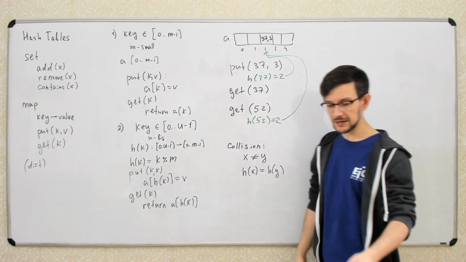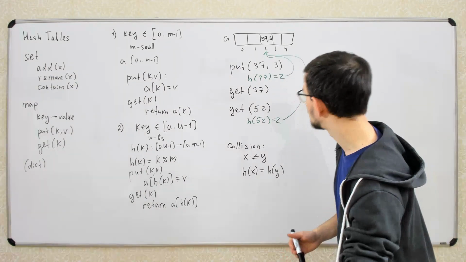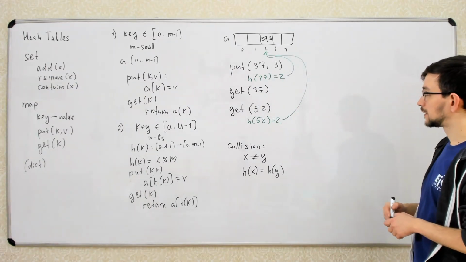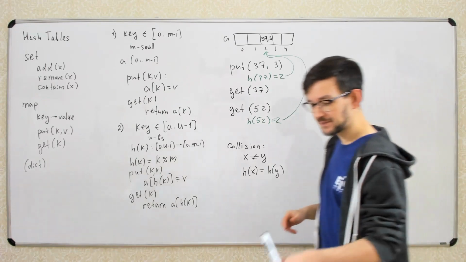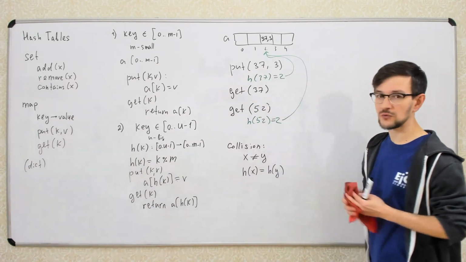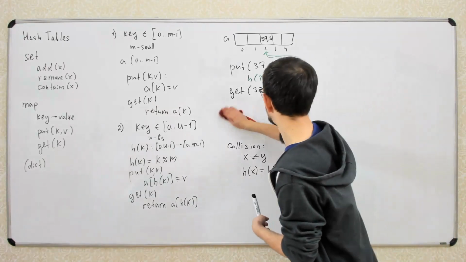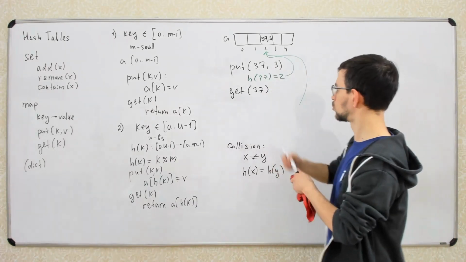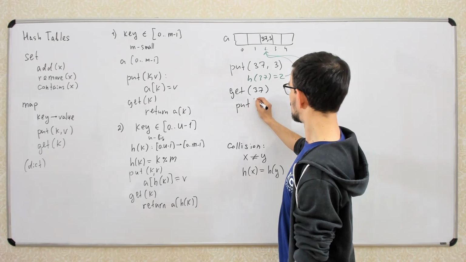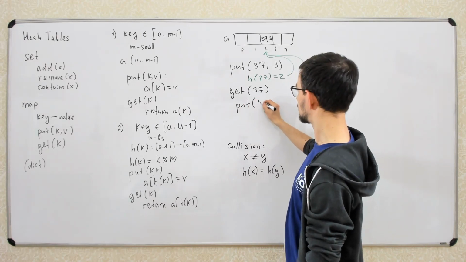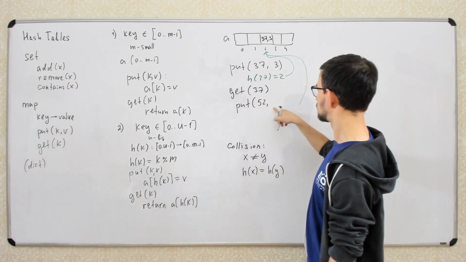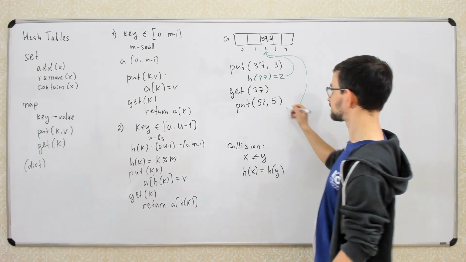And the second idea. What happens if you want to put another value in the same cell of the array? For example, you want to put key 52, value, let's say, 5.